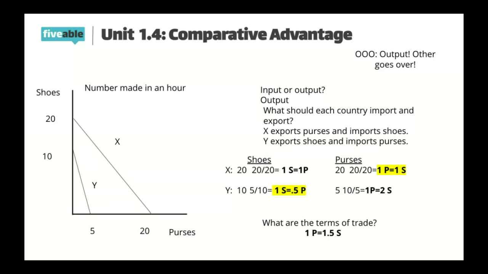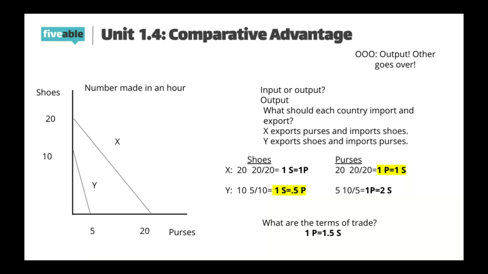If I want to find out what one shoe is worth, I take the 5 purses, the opportunity cost, over the units gained, 10, so 1S equals 1/2 or 0.5 of a purse. Whereas with purses, the 10 shoes are divided by the 5 purses, so 1P, or 1 purse, equals 2 shoes.